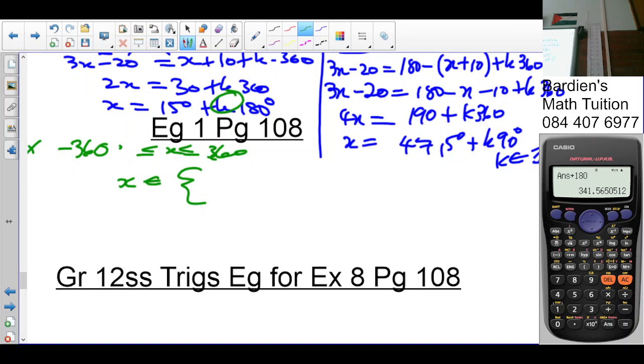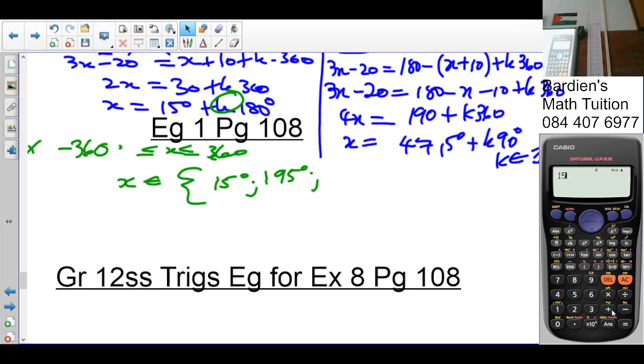We start with k equal to 0, which gives me 15 degrees. If I put 1 in, it's going to give you 195 degrees. Although it says without the use of a calculator, this part doesn't warrant what they are talking about. Adding and subtracting, they're not referring to that. They're referring to working with the angles. Now with k equal to 2, it's 15 plus 2 times 180, which is over 360, so I don't even write that down.